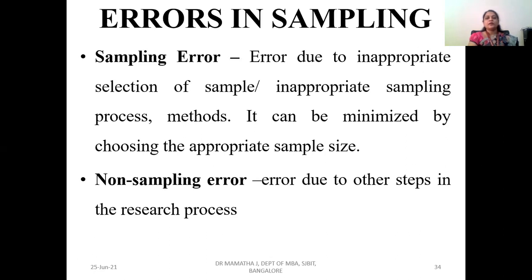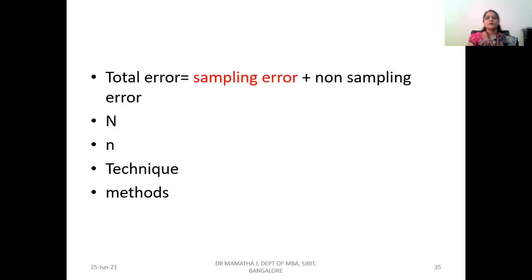If the error occurs other than in the sampling process, in any of the other steps of the research process, it is called non-sampling error. Put together, sampling and non-sampling error become the total error. That is what I have depicted here.